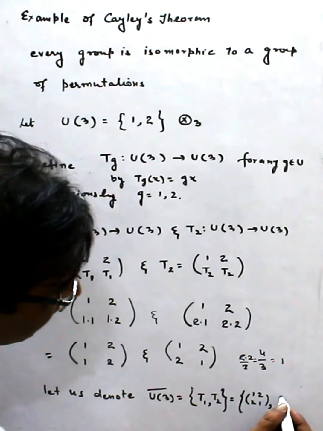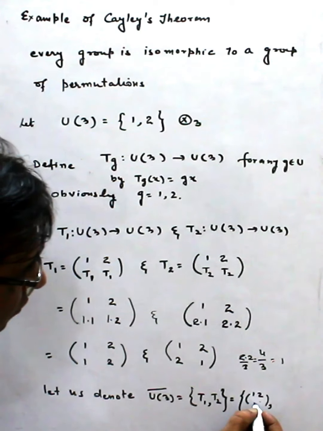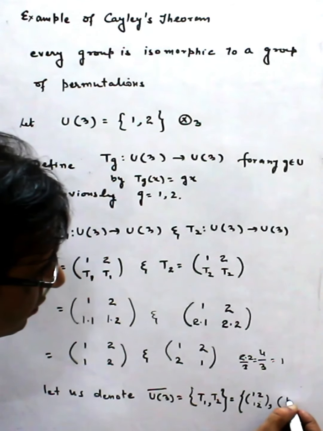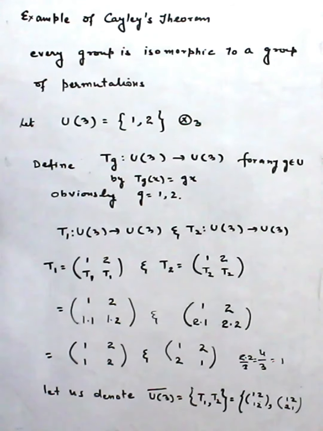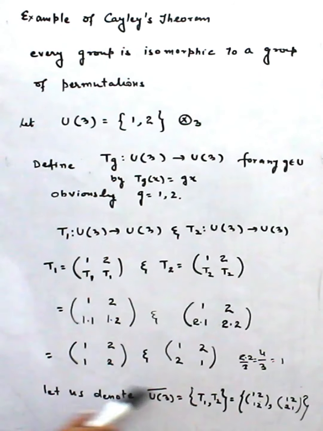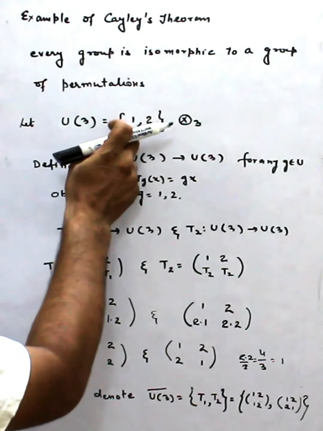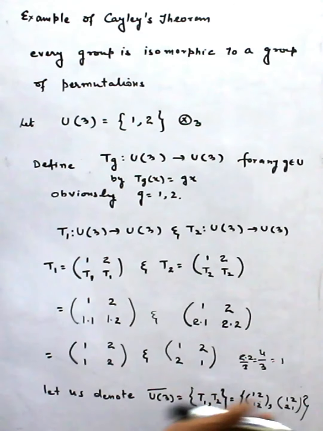This is a permutation, and the value of T1 is 1 2, 1 2, and T2 is 1 2, 2 1. I hope this is clear how these elements are framed. Now this also has 2 elements. So we have to show isomorphism. One condition we can show is that it is 1-1. That means I can define the isomorphism like this: this element goes to this element, this element goes to this element, and it is obviously 1-1 and onto.